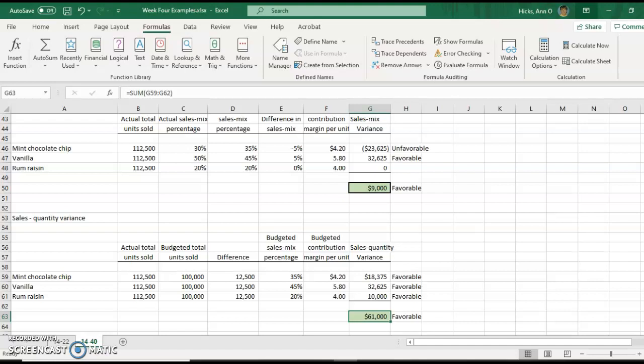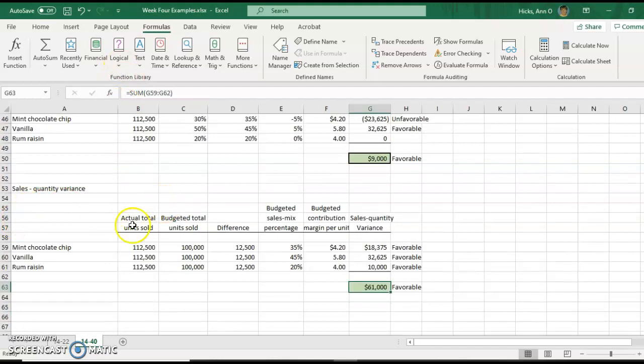So the way in which we interpret this is our sales revenue increased by $61,000 strictly because we sold more units, and by $9,000 because we sold more of the product that had a higher contribution margin and less of the product that had a lower contribution margin.